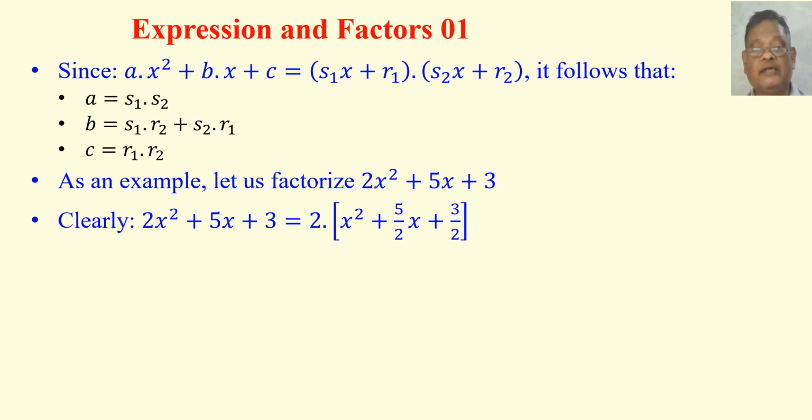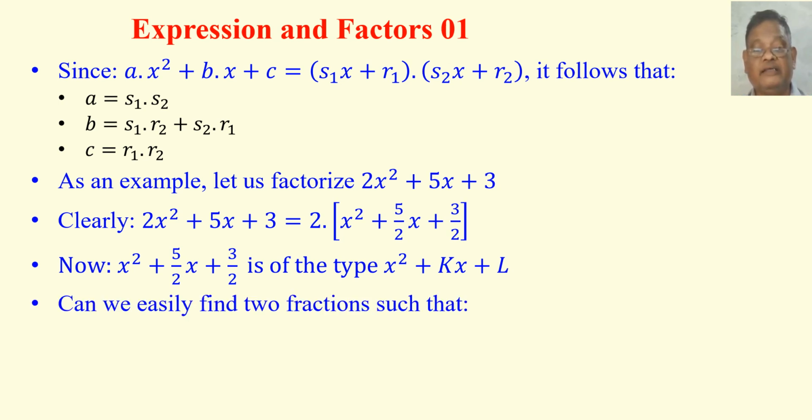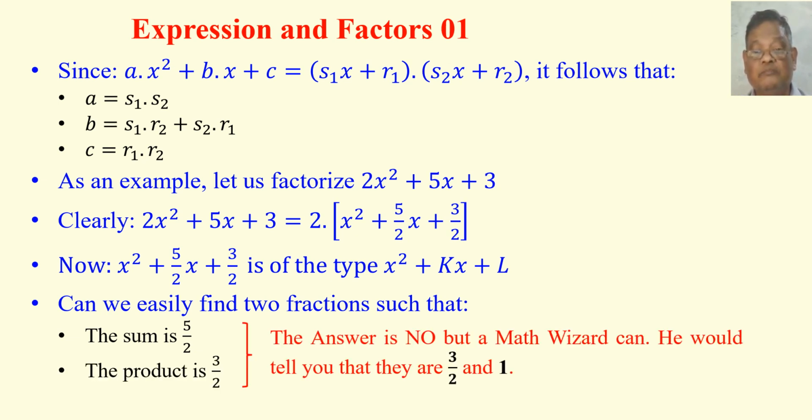Clearly, 2x squared plus 5x plus 3 is equal to 2 into x squared plus 5 by 2x plus 3 by 2. Now, x squared plus 5 by 2x plus 3 by 2 is of the type x squared plus kx plus L. Can we easily find two fractions such that the sum is 5 by 2 and the product is 3 by 2? The answer is no, but a math wizard can. He would tell you that they are 3 by 2 and 1.